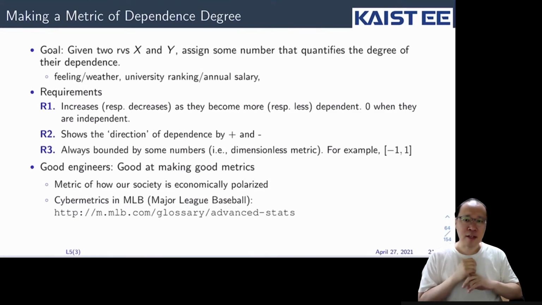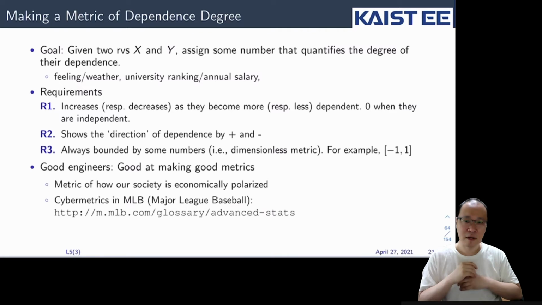There are many features that good engineers should have, and I believe that good engineers should be good at making good metrics. For example, suppose that somebody tells you to make a metric of how economically polarized our society is. Then what kind of metric are you going to use in order to assess this?